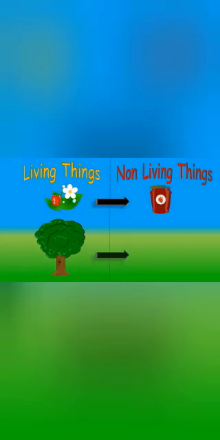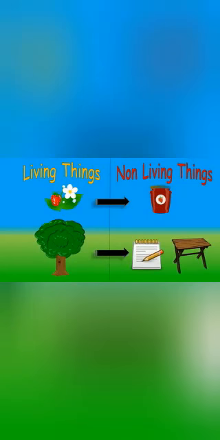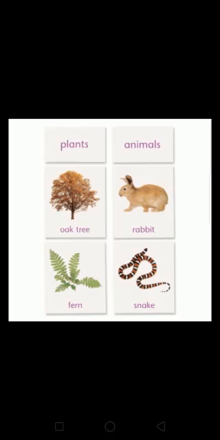Some living things can be used to make non-living things. The strawberry plant is used to make strawberry jam. This tree is used to make paper, pencils, and tables. As you just saw, living things can be a plant, an animal, or a human being, des plantes, des animaux ou des personnes.